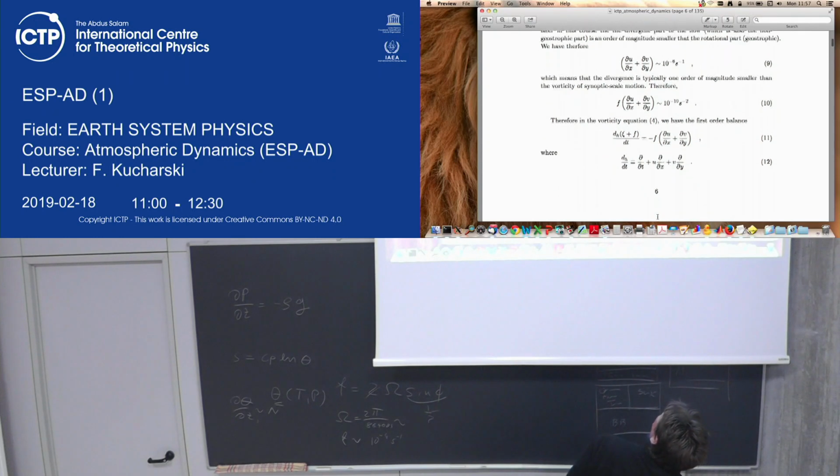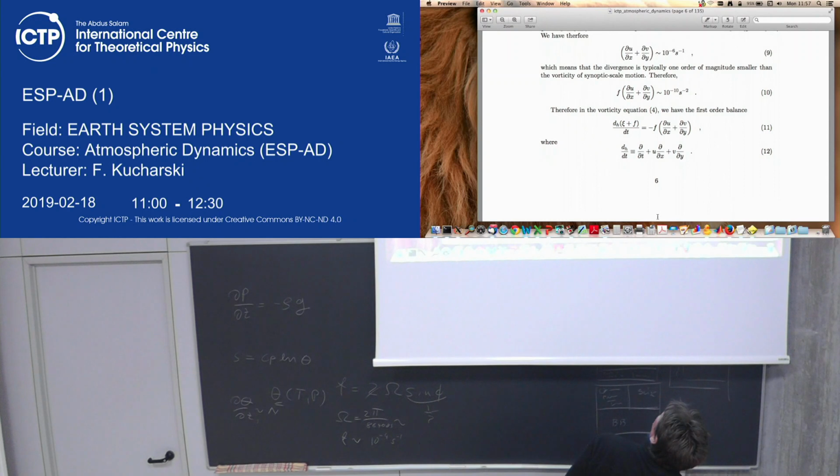So what we get in the end, also the vertical advection term, of course, turns out to be small. So what we get is this equation here, where the dH by dt just collects the horizontal components of the total derivative. This is our first order approximation of our vorticity equation.